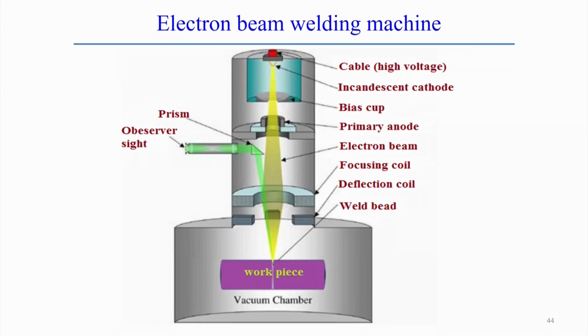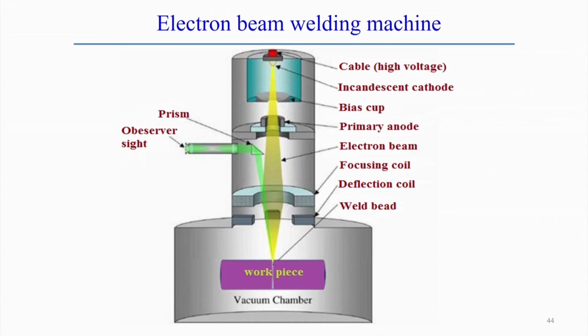After being created, it is accelerated, and then the electron beam goes through the focusing coil. The focusing coil helps to focus the beam on a specific position, and then the deflection coil also helps to deflect the electron beam.